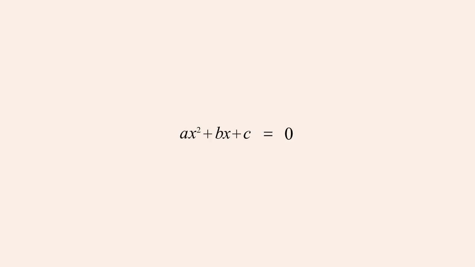To derive the quadratic formula, we start with the quadratic equation in general form. The first step is to eliminate the coefficient of x squared by dividing both sides by that coefficient. Next, we change the quadratic expression into a perfect square by changing its constant term, as we saw in the lecture completing the square.